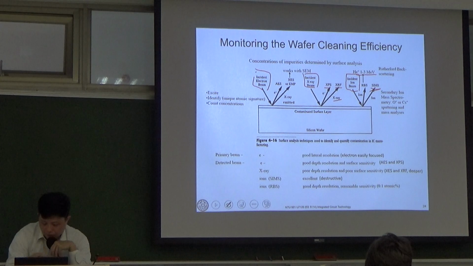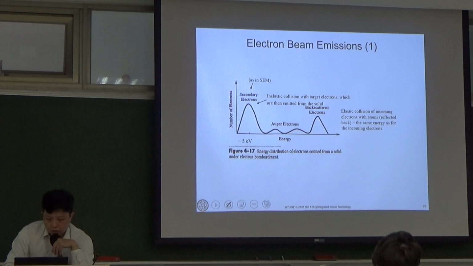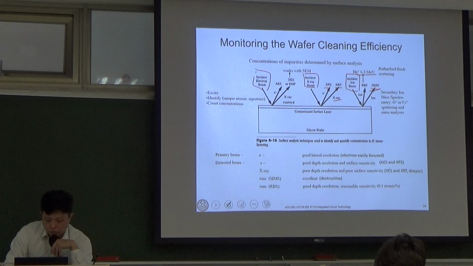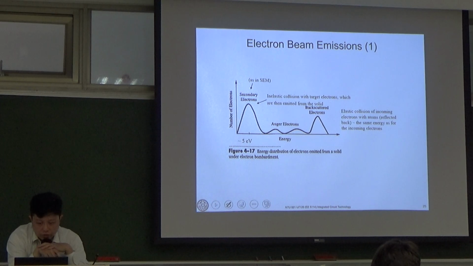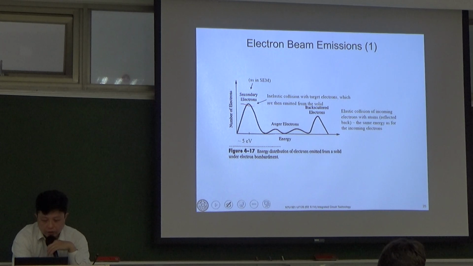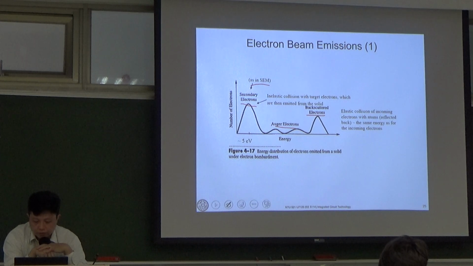So here, let me introduce you in detail. The first one is the electron beam emission, which is either the secondary electrons, the same as we observe in our SEM, or some higher energy, the Auger electrons, or even higher energy, the backscattering electrons.